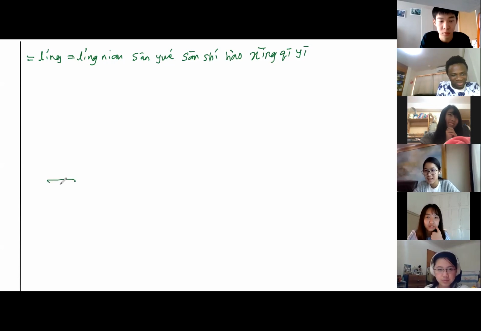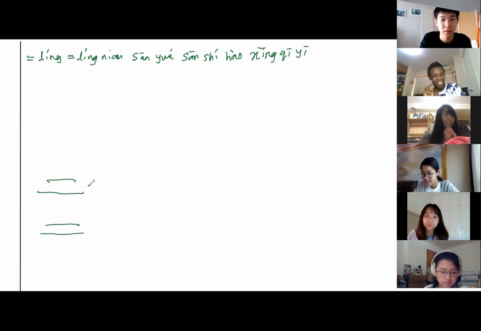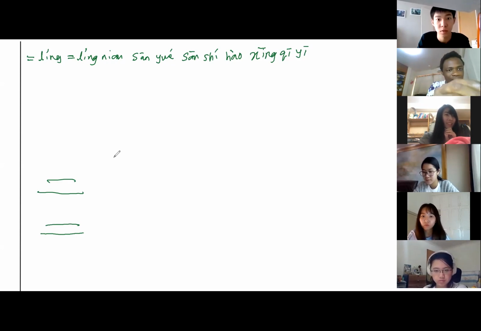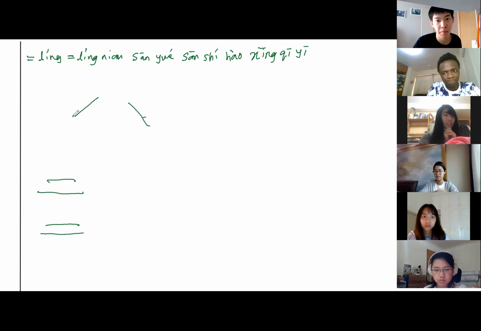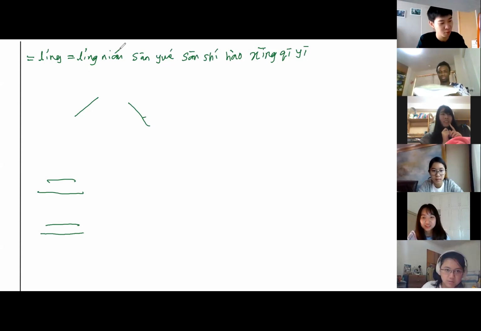So it's meant to be like that? Something like this? Yeah. Okay. You guys should have started teaching me Chinese a long time ago. But other than that, Nian, I don't know if Nian is this one or this one. The first one or the second one? I think it's this. Did I get it right? No. Is it correct? Are you sure?